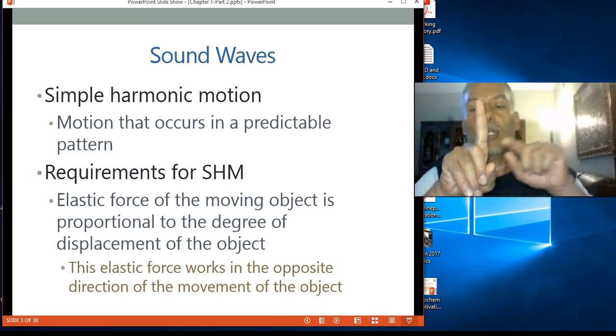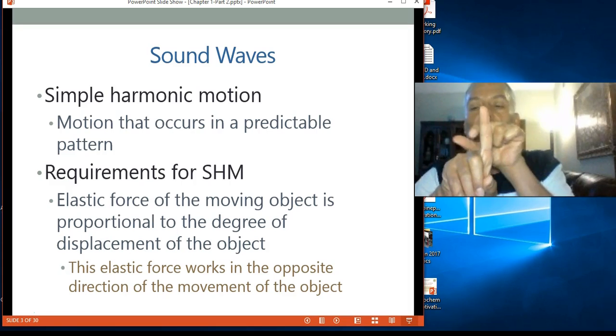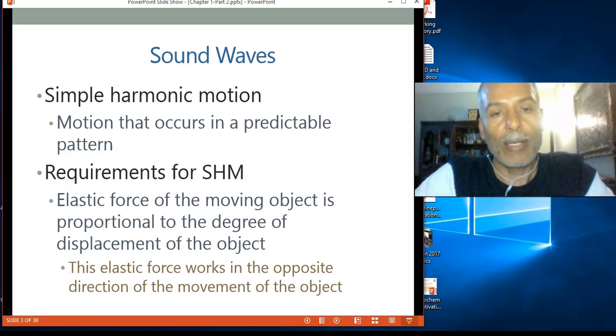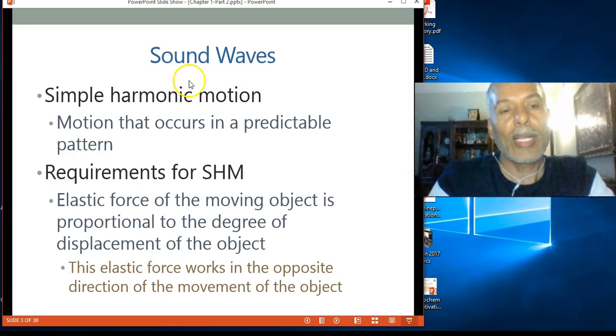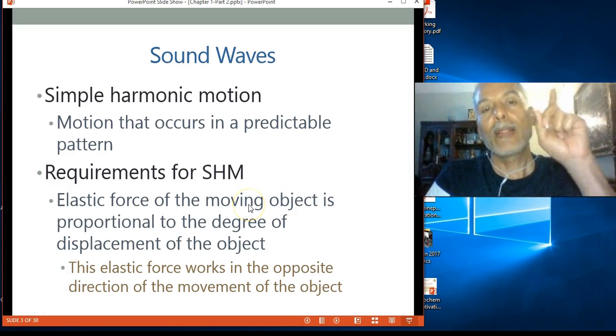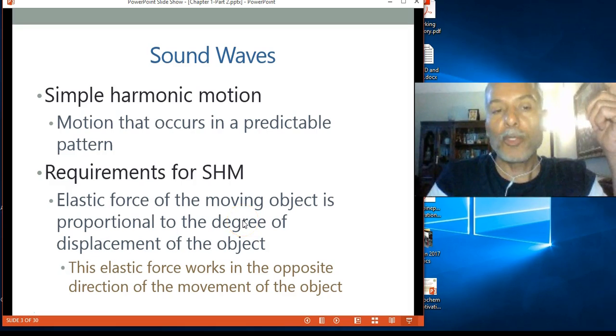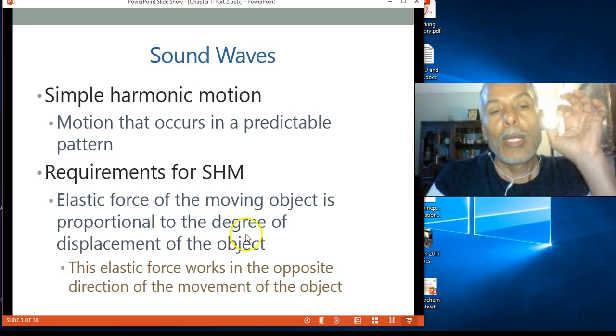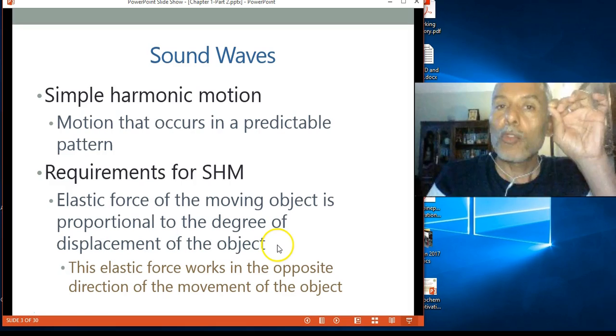So that distance on this side and on that side makes one single oscillation or one single wave. So again, the single most important requirement for producing simple harmonic motion is that the elastic force of the moving object is proportional to the degree of displacement of the object.